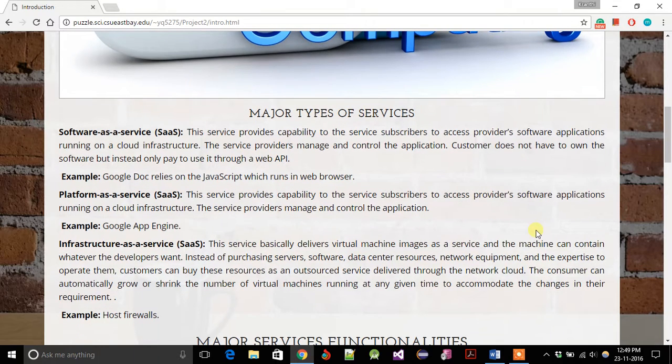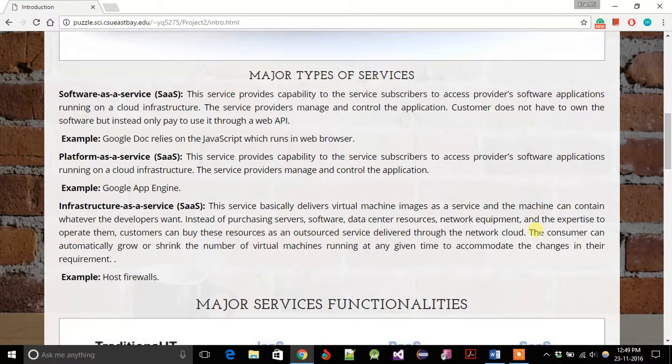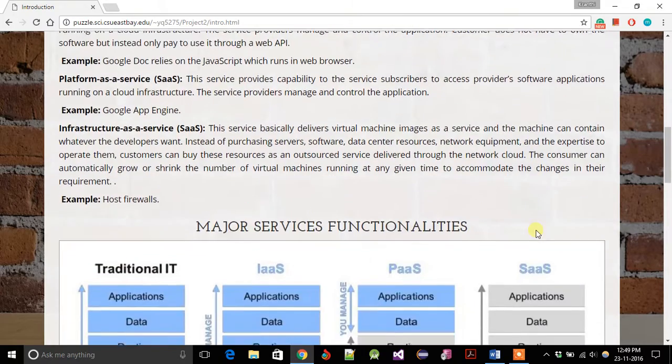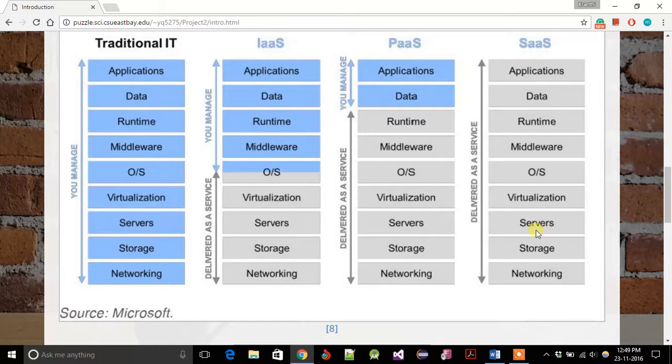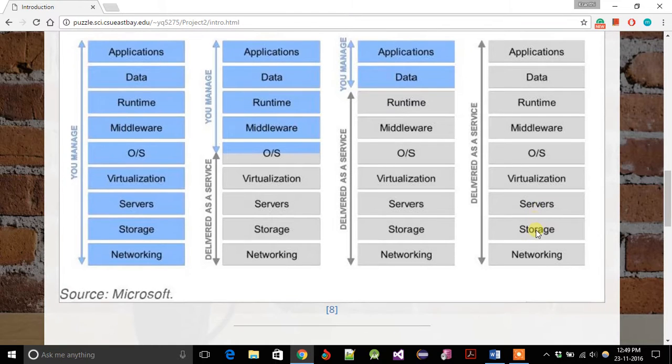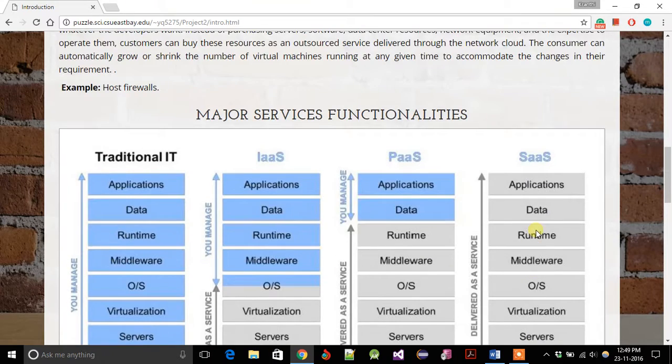First, I described the major types of services: software as a service, platform as a service, and infrastructure as a service, and the major functionalities of these services.